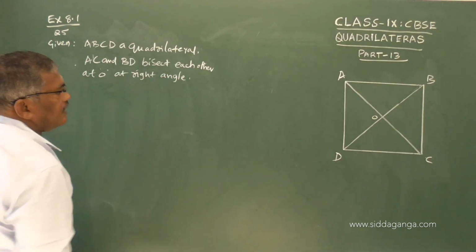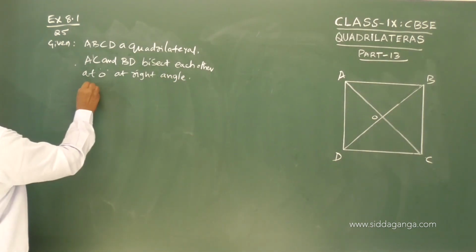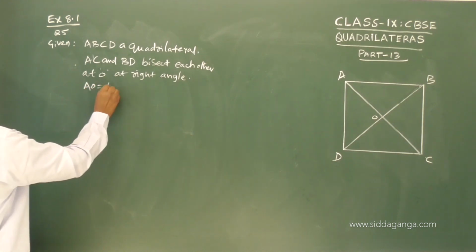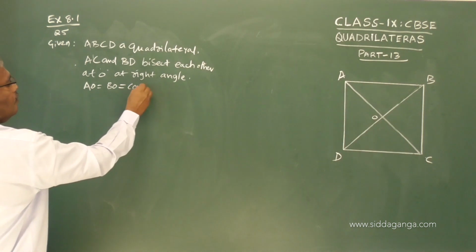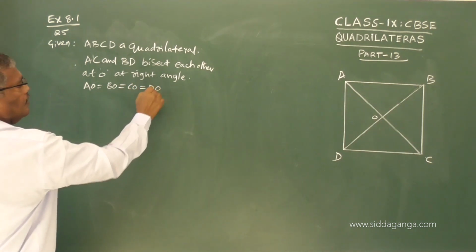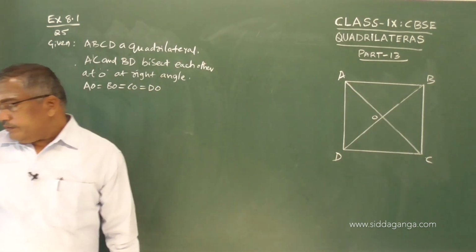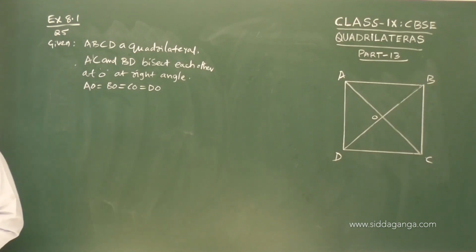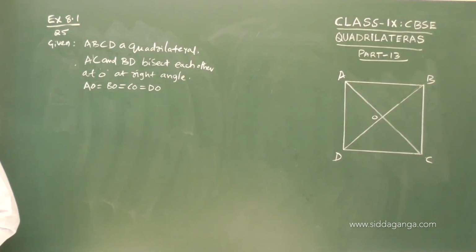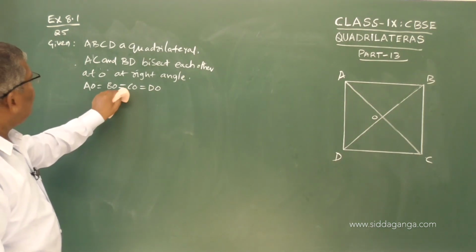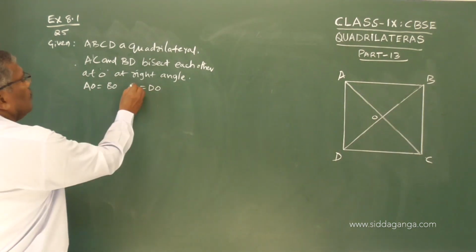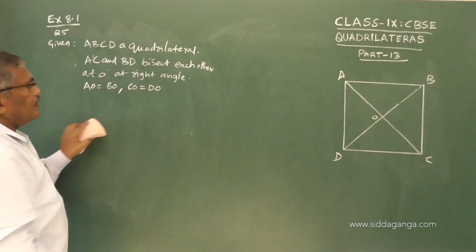So, with this sentence what we can take out? It is given AO equals CO and BO equals DO. Bisect each other means you can take at least AO equals CO and BO equals DO. So, you can take it like this.